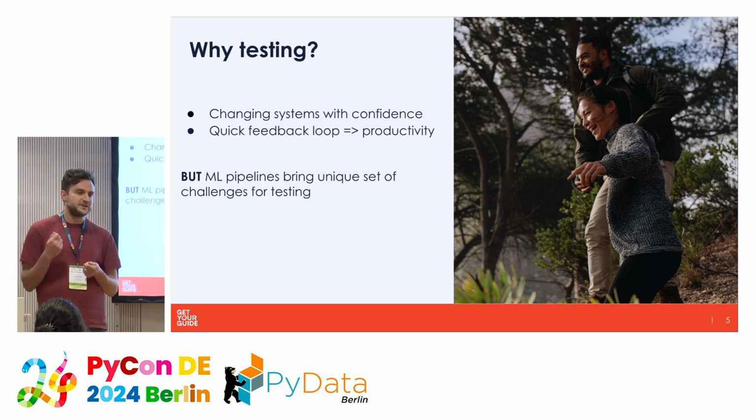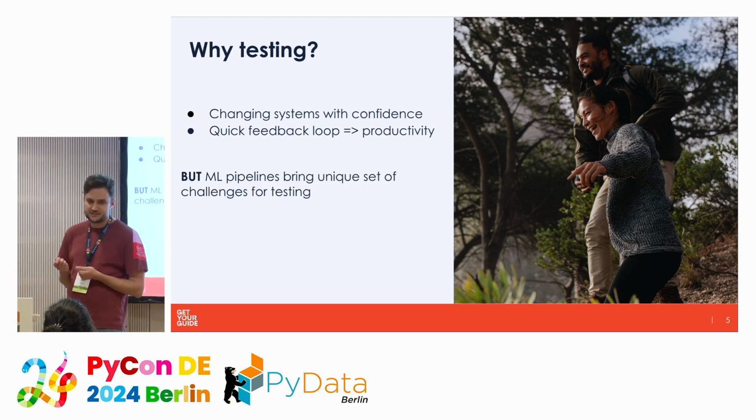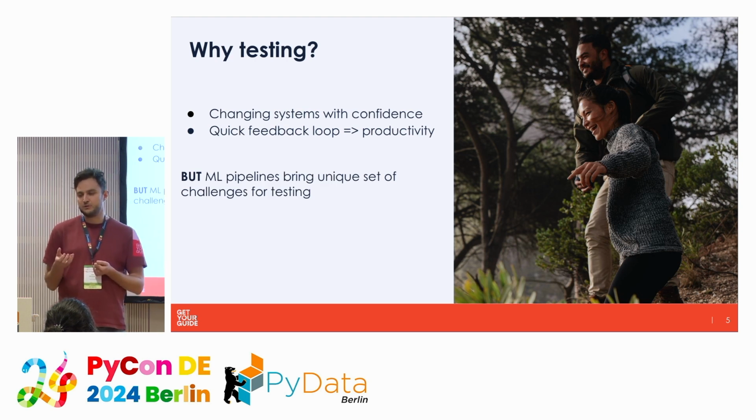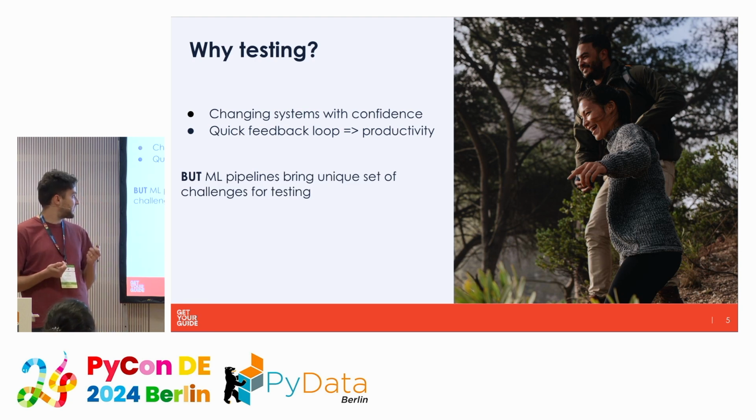And that has a big correlation with productivity. How long you need to discover an issue in your pipeline will affect how fast you can change this pipeline. So having a quick feedback loop between changing a pipeline and getting the outcome of whether it works or not is very important. But one can say that about any kind of test.